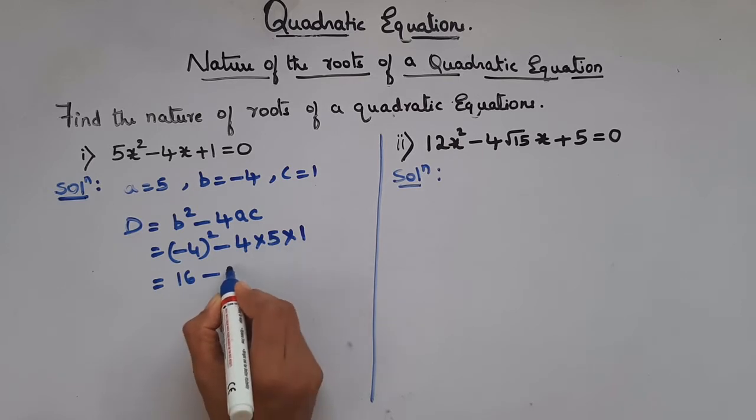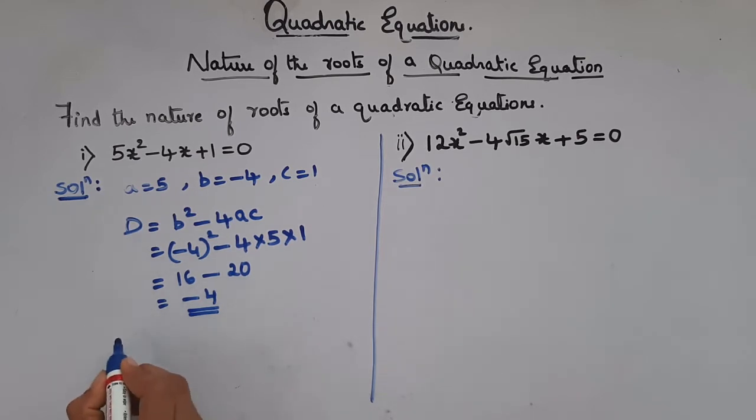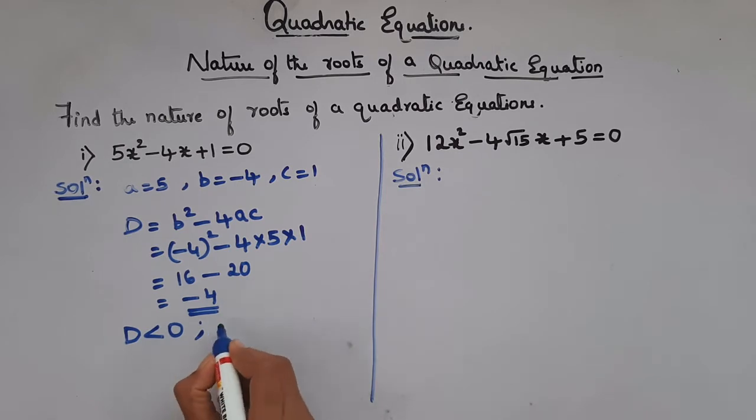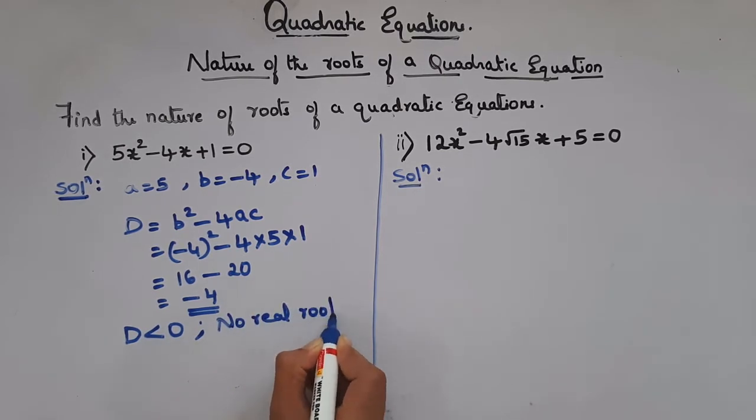Minus 4 5s are 20, which is equal to minus 4, right? So now this discriminant value is less than 0. That means there are no real roots, right?